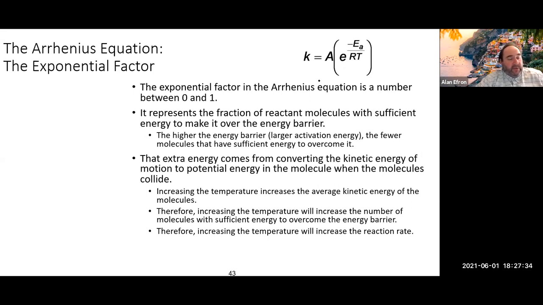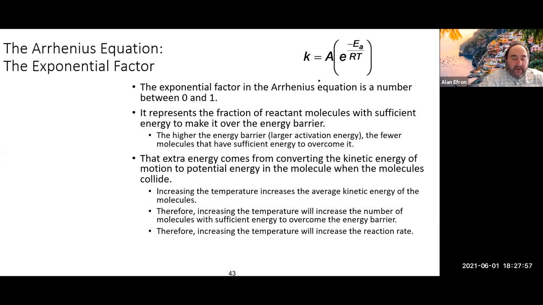It's going to allow things to react a lot quicker and a lot easier, and we would see a bigger proportion of molecules being able to get up and over to the other side. Kind of like that old saying, light a match under somebody, right? They move much quicker. Same idea here. If you increase the temperature, they have more energy, and they're able to move over to the other side a lot quicker.